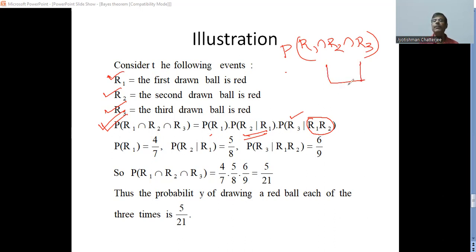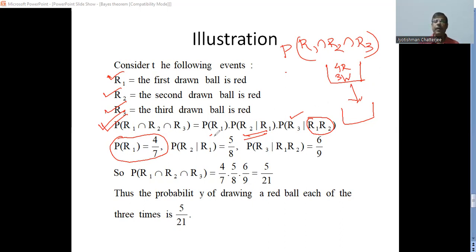It is talking about only the first trial. There are 3 trials, right? Here there are 4 red and 3 white. What's the probability that when we are picking up a ball from here, the picked up ball is red? That's what R1 is. You should not have any difficulty in agreeing that that probability should be 4 by 7, right? Because there are 4 red balls out of a total of 7. So probability of R1 should be 4/7.